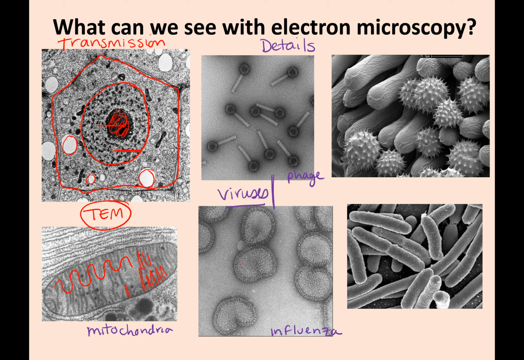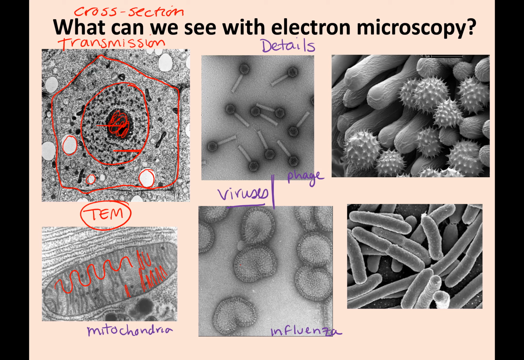Transmission electron microscopy allows you to see a cross section of the cell. Because remember, cells are three-dimensional, so you're looking at a cross section cutting through the cell.